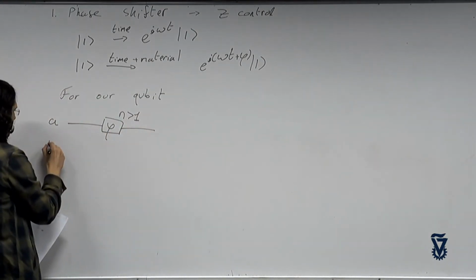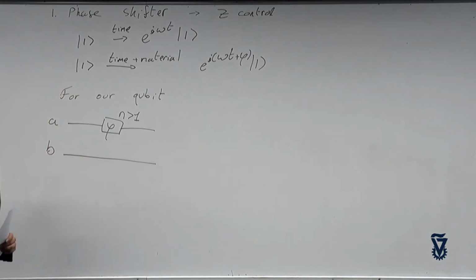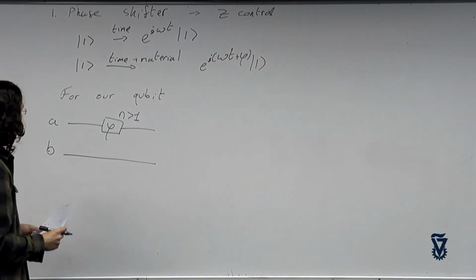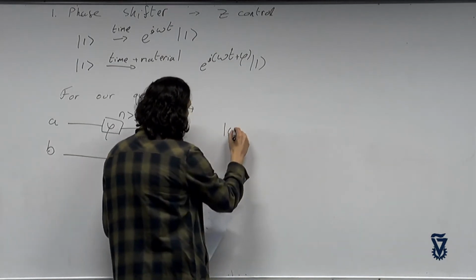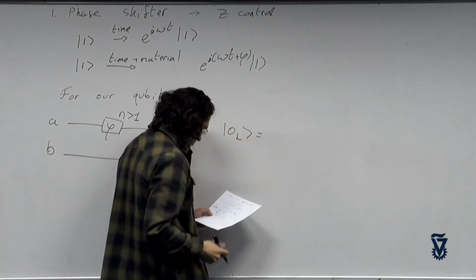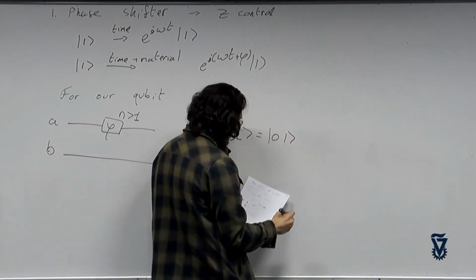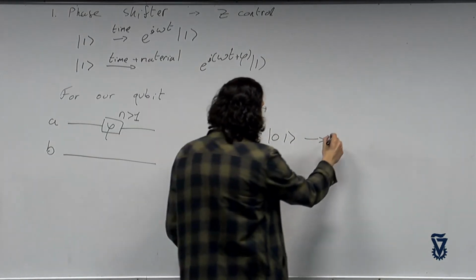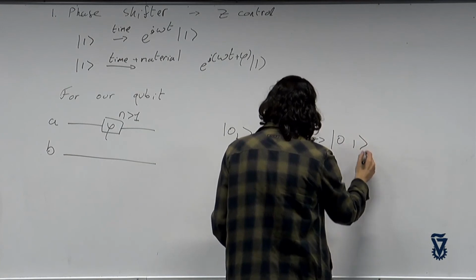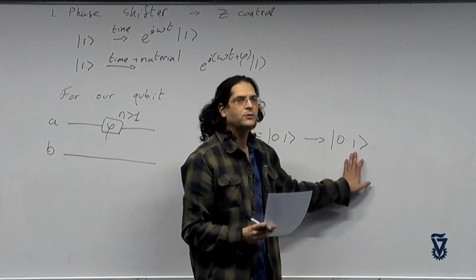And for mode B, we're going to do nothing. If you write what happens to the logical states, nothing happens to logical 0. It just stays 0, because 0 maps to 0 and 1 on mode B maps to 1 on mode B.